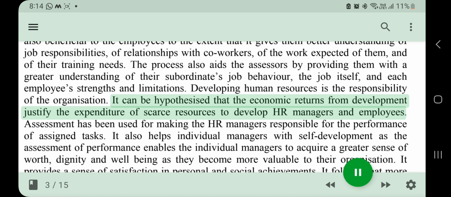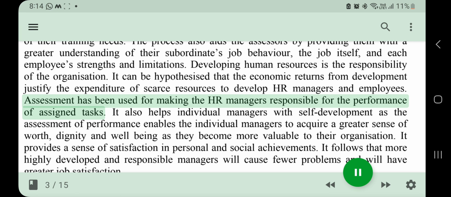It can be hypothesized that the economic returns from development justify the expenditure of scarce resources to develop HR managers and employees. Assessment has been used for making the HR managers responsible for the performance of assigned tasks.